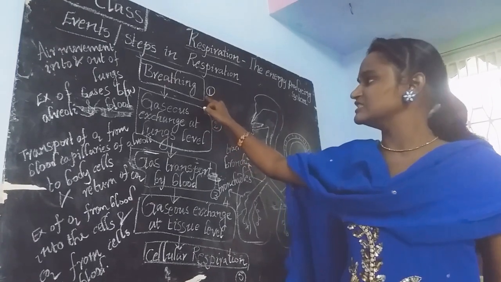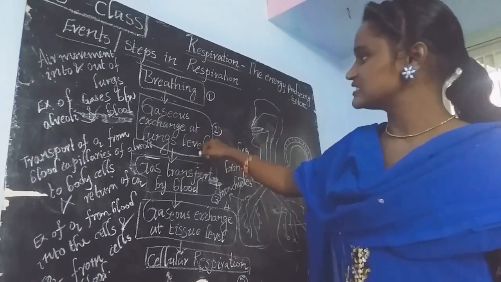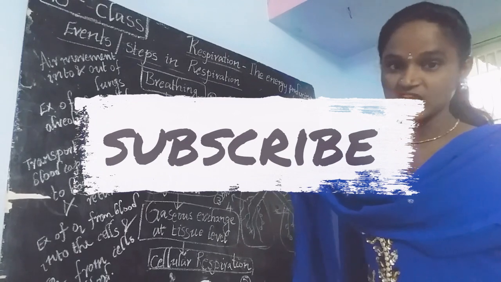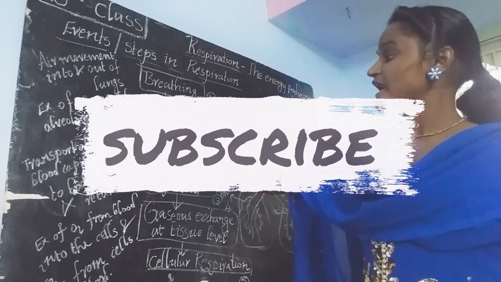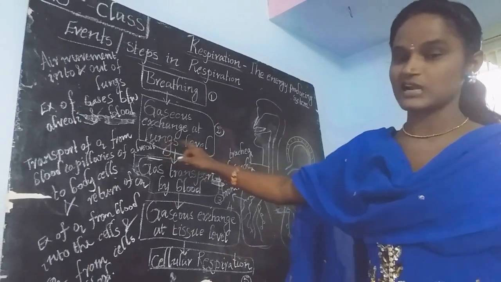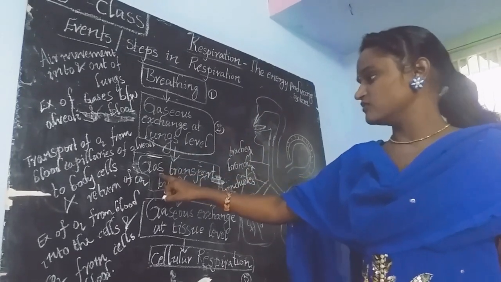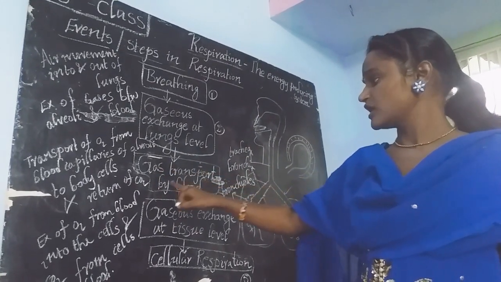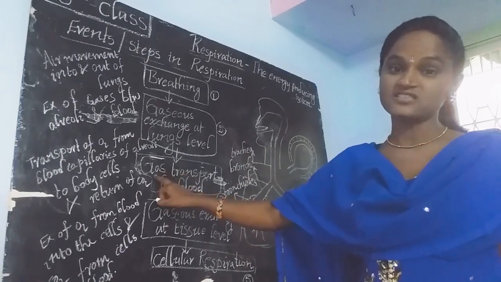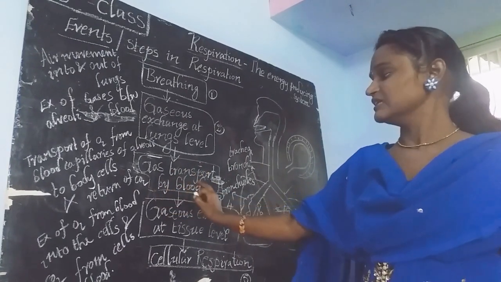The second step is gaseous exchange at lungs level. And the third one, gas transport by blood.